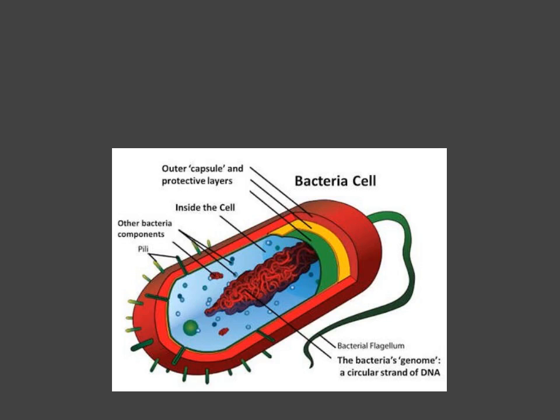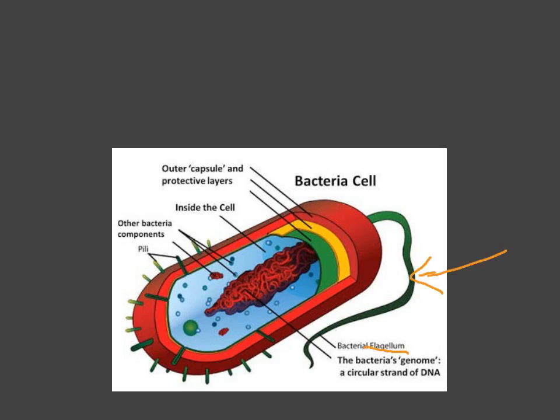Well, getting into business. This is the general structure of a bacteria cell. What we are seeing here is the common structure of it. Some of them can be motile, which means they can move, by a flagellum, or flagella in plural.